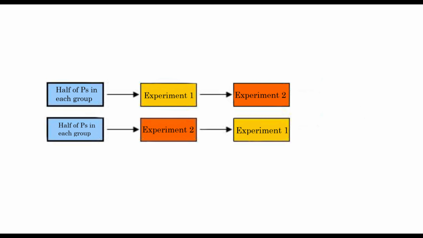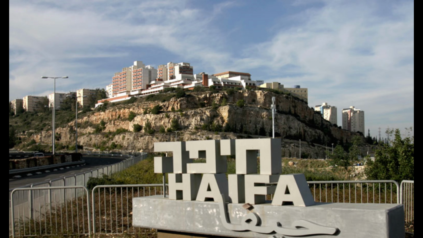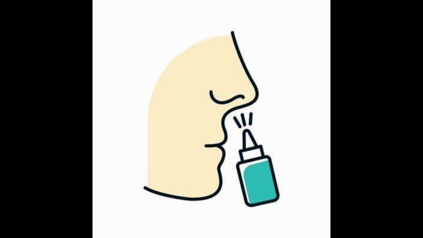extraneous variables. Before the experiment began, each participant arrived at the testing location and would then go into a quiet controlled testing room alone, where they would have 3 drops of either oxytocin or saline solution put into each of their nostrils, depending on which independent variable their group was to receive.